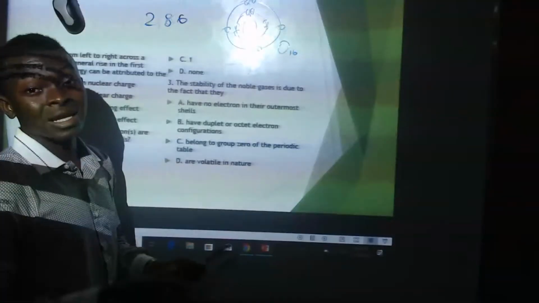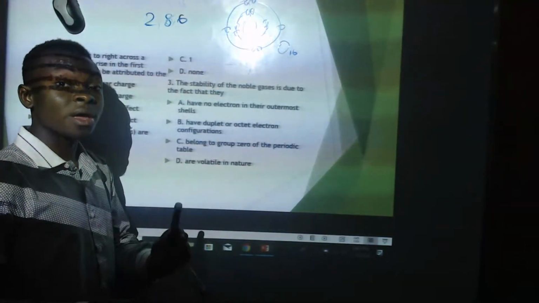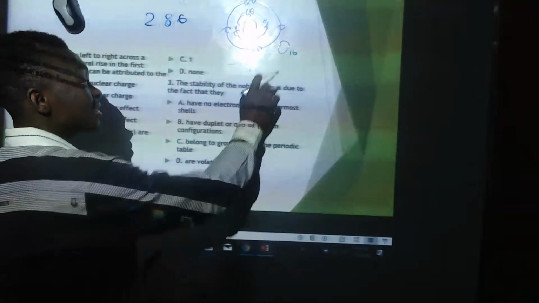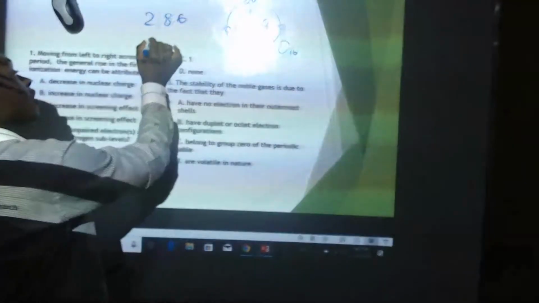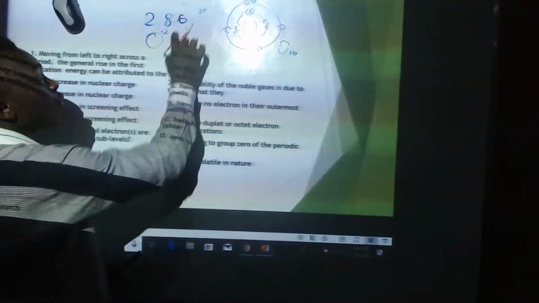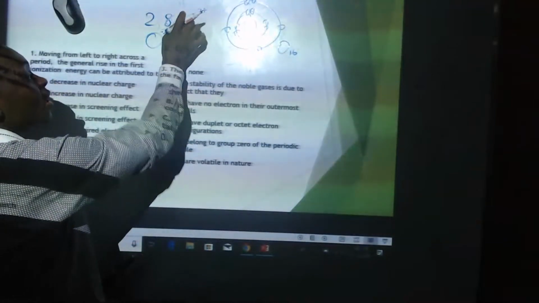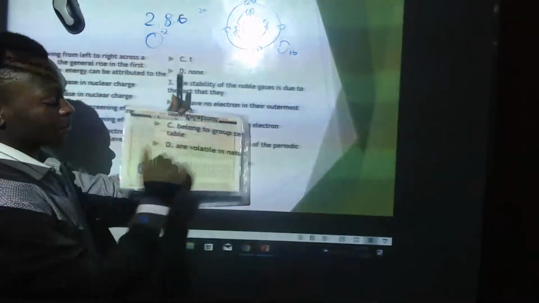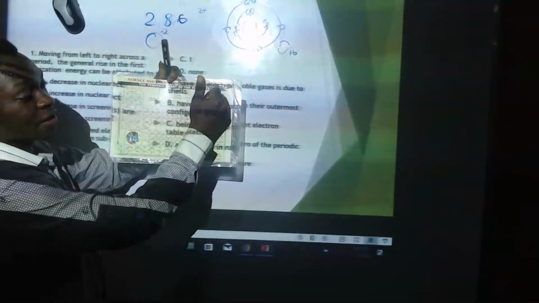Then you have ionization energy, which is the energy required to remove an electron to make it an ion. For it to become octet, for it to become stable, that's why they call group 8 elements stable elements, starting from helium, a very stable element. Why?